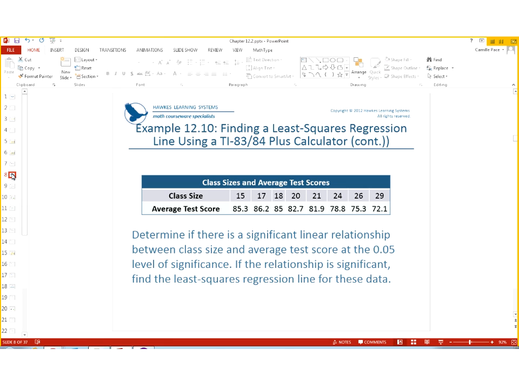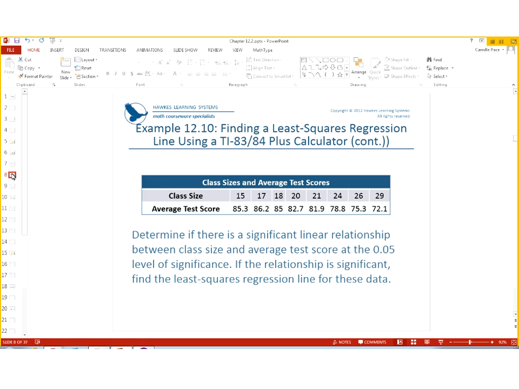So in your calculator, let's go ahead and put that back in like we did last time. So go ahead and get out your calculator, and if you need to pause the video, that's fine. Turn it on, and remember to press stat, enter, and L1 is going to be your X values. So that's going to be class size. Go ahead and put into L1: 15, 17, 18, 20, 21, 24, 26, 29.